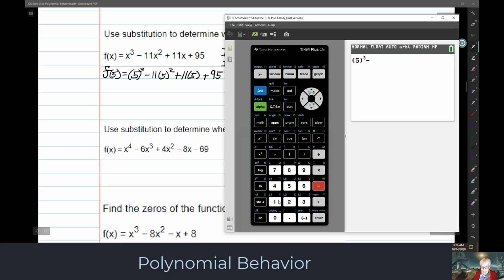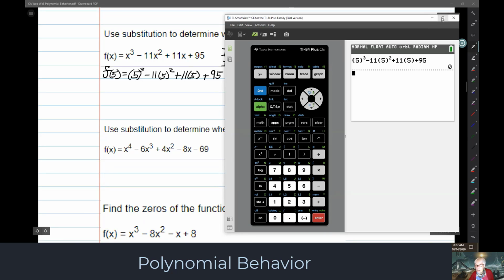Minus 11, parentheses, 5, squared, plus 11, parentheses 5, plus 95. So there I have 5 to the third minus 11, 5 squared, plus 11 times 5, plus 95. Enter. Woo! It equals 0.